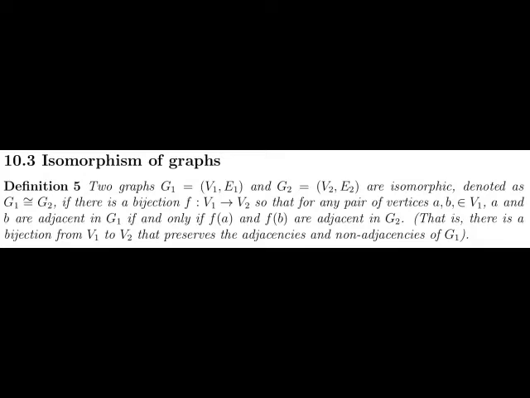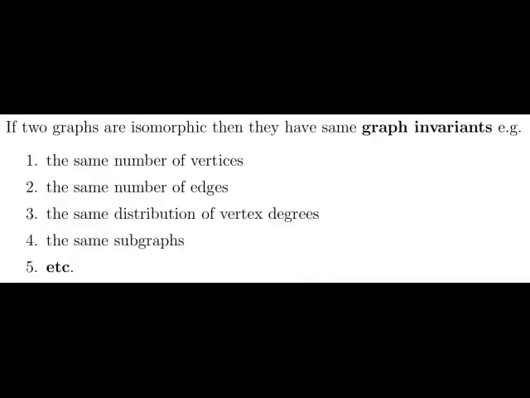So basically the bijection preserves the adjacencies and non-adjacencies, and if that happens, then these two graphs are isomorphic. Again, in simpler words, two graphs are isomorphic if they are basically the same graph drawn in a different way.